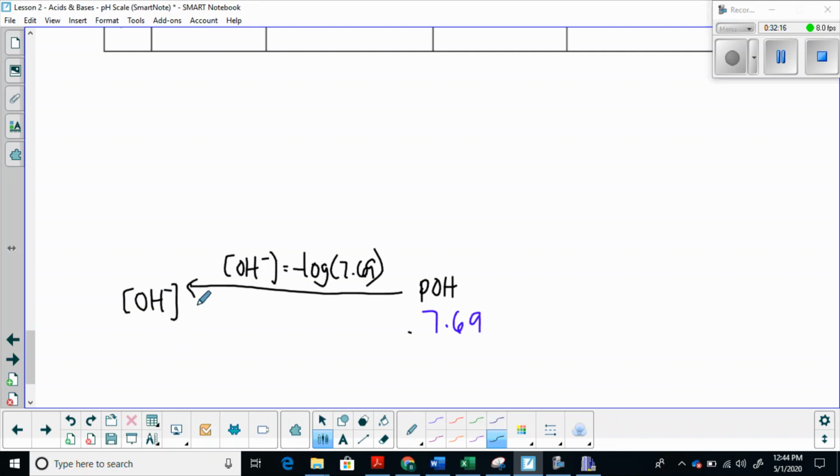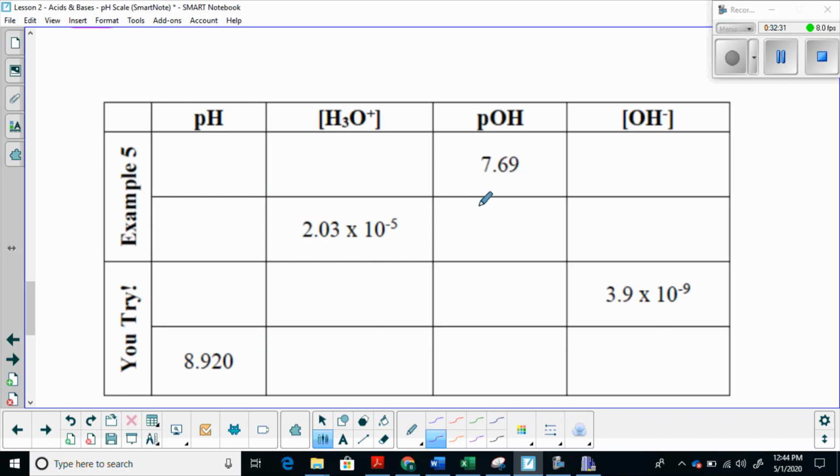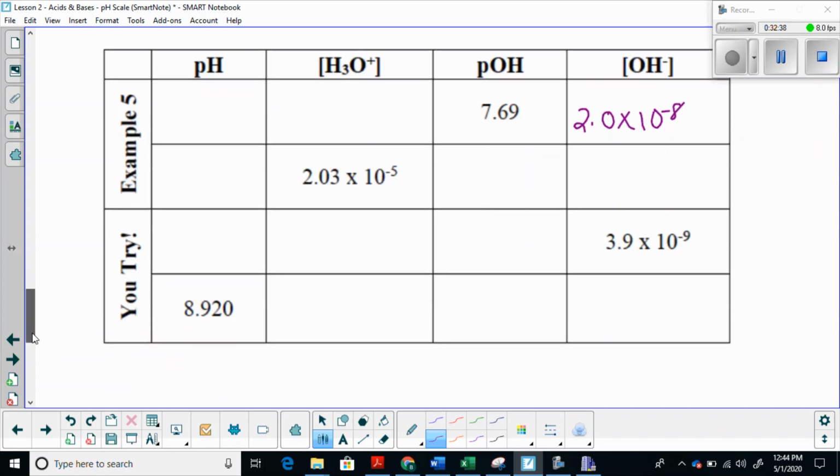My hydroxide ends up being 2.0 times 10 to the negative 8. I am rounding all my numbers now because they are being used in the table. So I'll fill that in. 2.0 times 10 to the negative 8. Perfect. Let's work our way down.